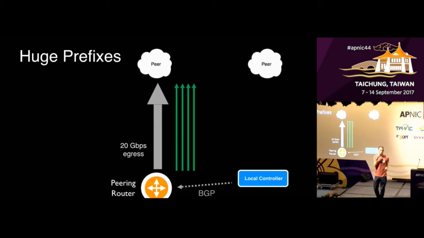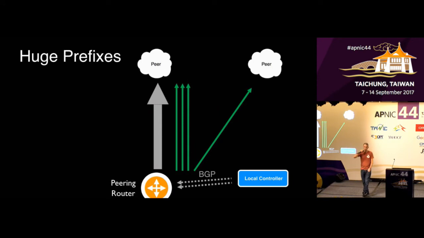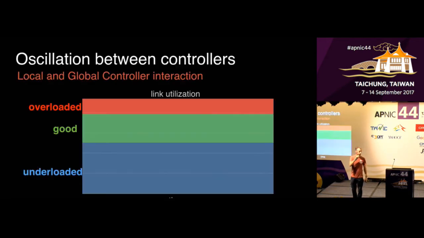So what we did here, we started generating sub-prefixes in our locally relevant tables. We break that big /32 here into a bunch of /48s that we can then divert one by one. So in this case, we would only divert a quarter of the traffic, but that's much more granular than that. So we can divert traffic to make the best possible use of available capacity, send as much of the traffic to the best path as we can, and only divert as little as we need to the second best path.